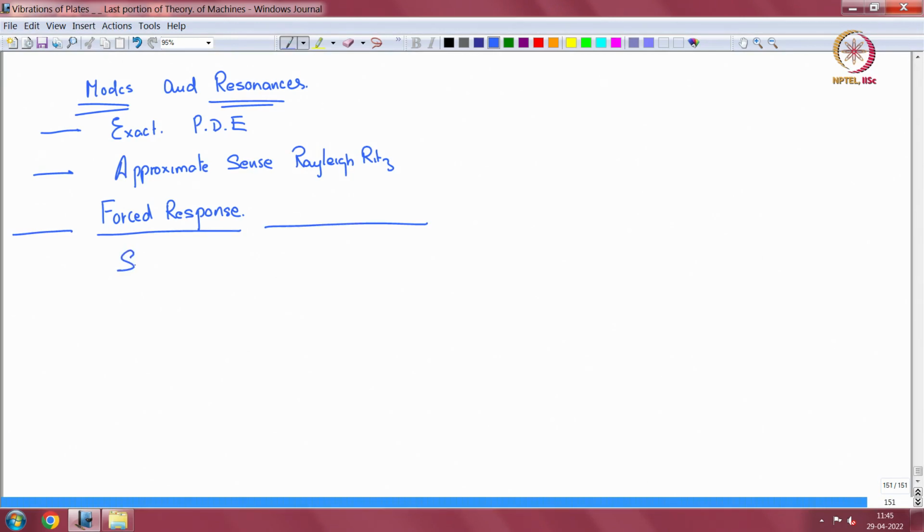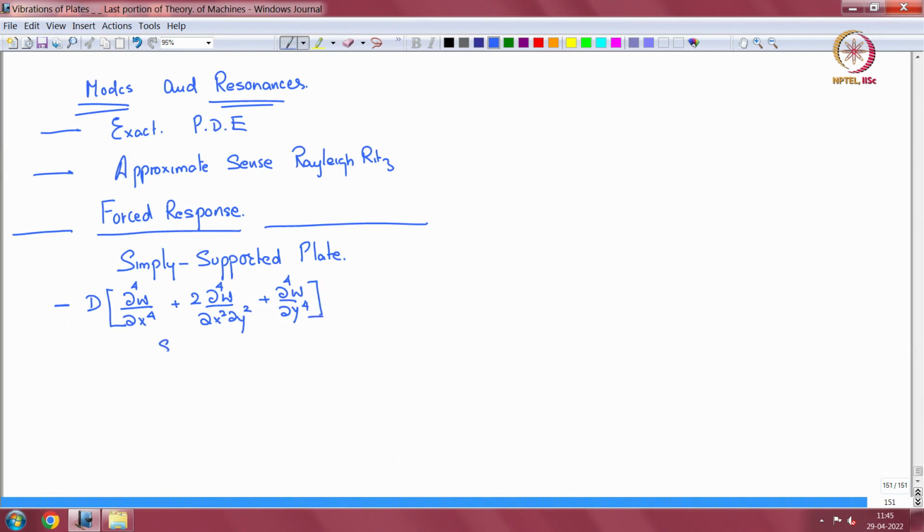If I have a simply supported plate, I will write the PDE in a special form: minus D times del 4 W by del x4 plus twice del 4 W by del x square del y square plus del 4 W by del y fourth.